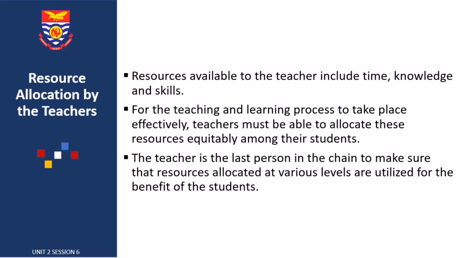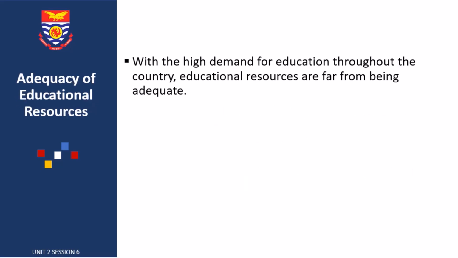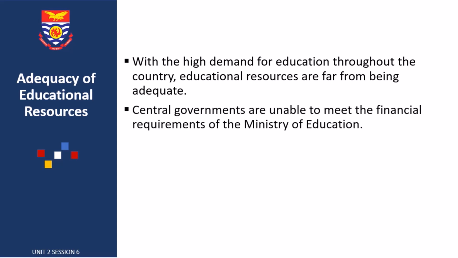Now, let's find out whether the resources we have in our schools are adequate. Are they adequate? I know our response is going to be no. Because of the high demand for education throughout the country, educational resources are far from being adequate. And we know that the central government is unable to meet the financial requirements of the ministry.